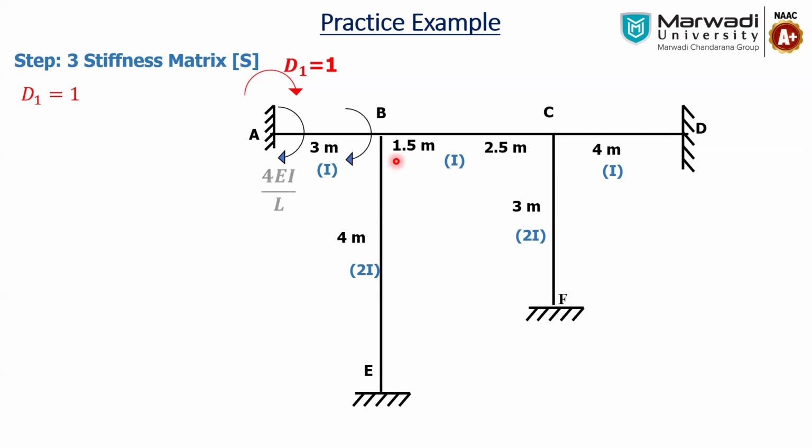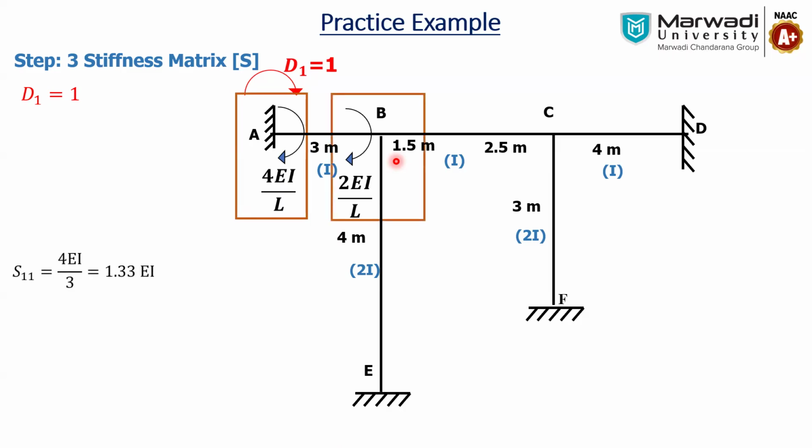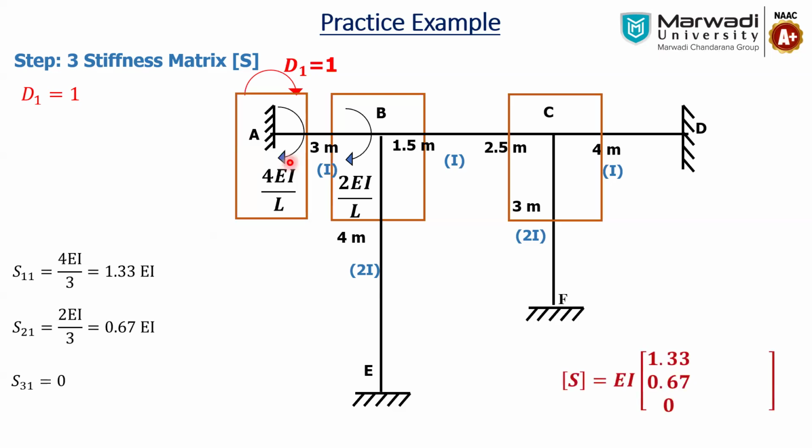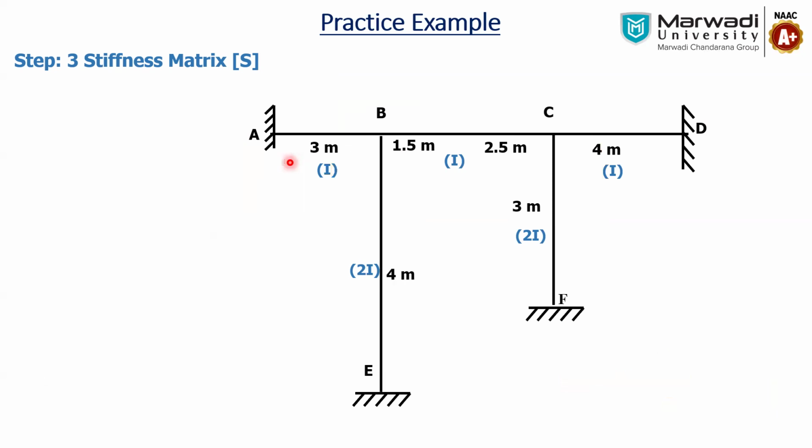The near end moment is 4EI by L, the far end is 2EI by L. So the total moment at A, our first action, will be 4EI by L. Second, the total moment at B will be 2EI by L. Here at C there is no moment because of the rotation at A, so that becomes 0. So that will be our first column of the matrix: EI common, 1.33, 0.67, and 0.